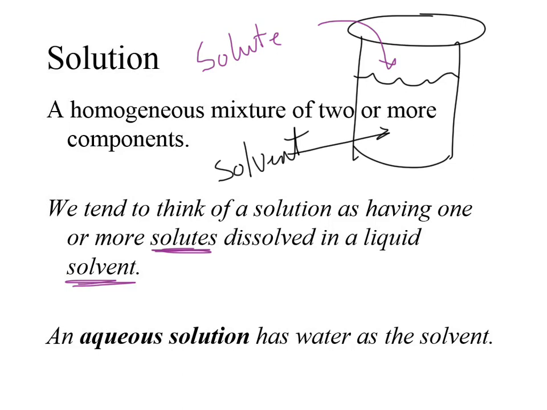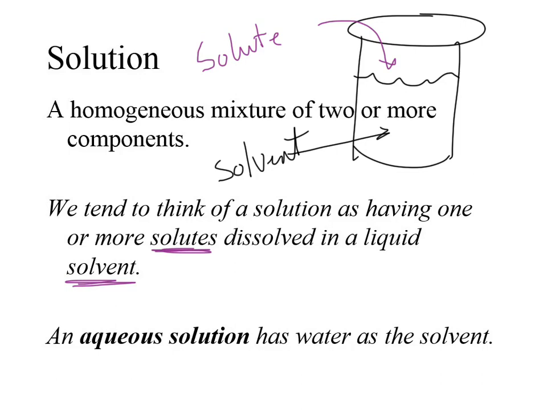And an example of a solid solution, I don't know if I mentioned this before, is stainless steel. Stainless steel, any sort of brass or alloy, is basically atoms of different elements that are frozen together in a homogeneous mixture. So it's like a solid solution.